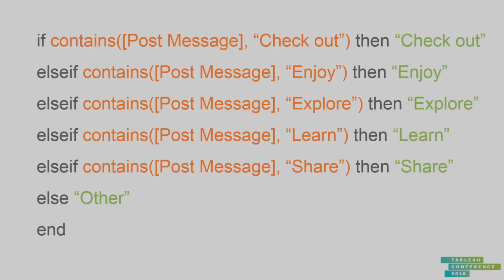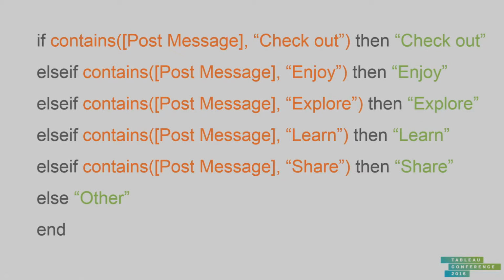And then in the orange, rather than simply checking is our author username equal to Tableau Public, we're using a contains statement here, which is a really powerful way to search through text-based data. A contains statement has two parts. It first points to a field, and then it has a string of text.